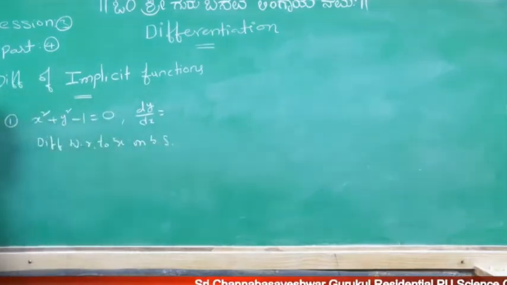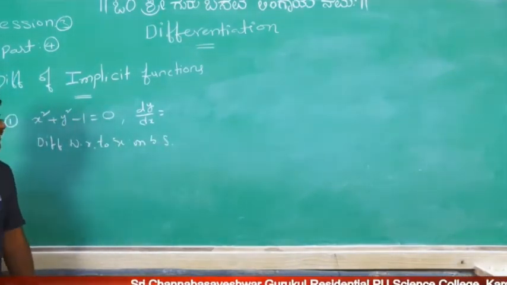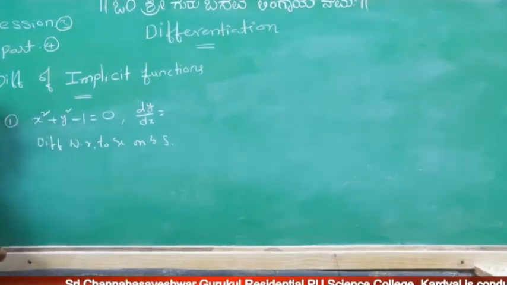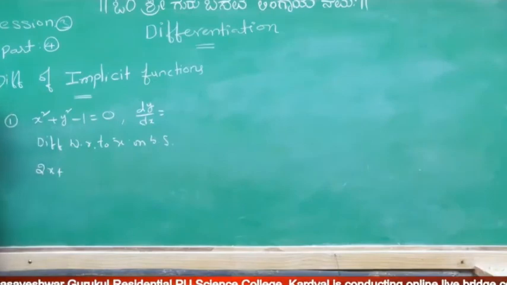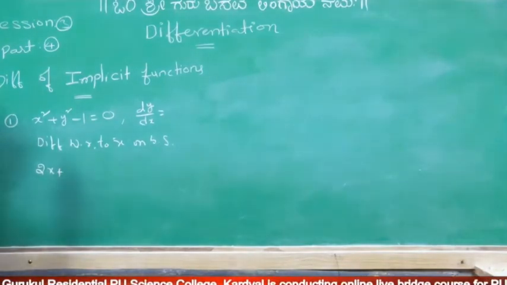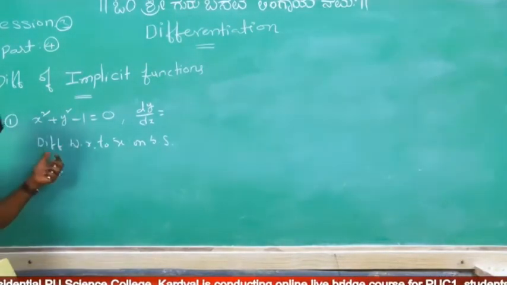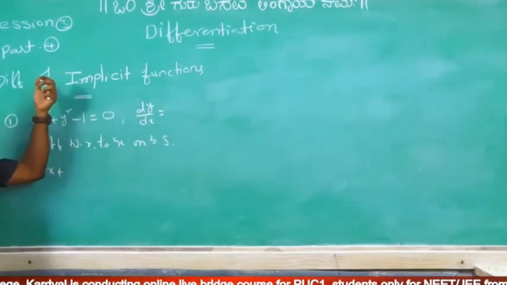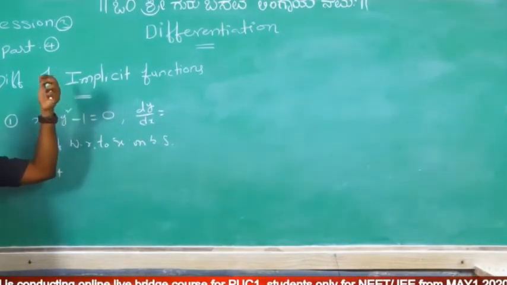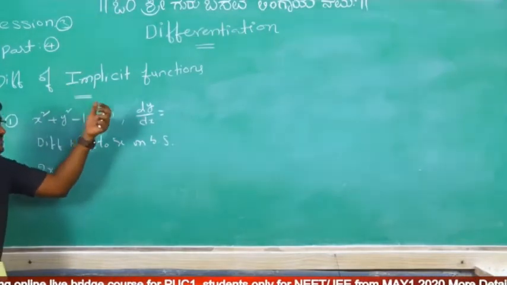This is an implicit function. Now differentiation of x square is 2x, plus differentiation of y square. Here we are doing the differentiation with respect to x. Implicit function is a very important and easy and interesting topic also.